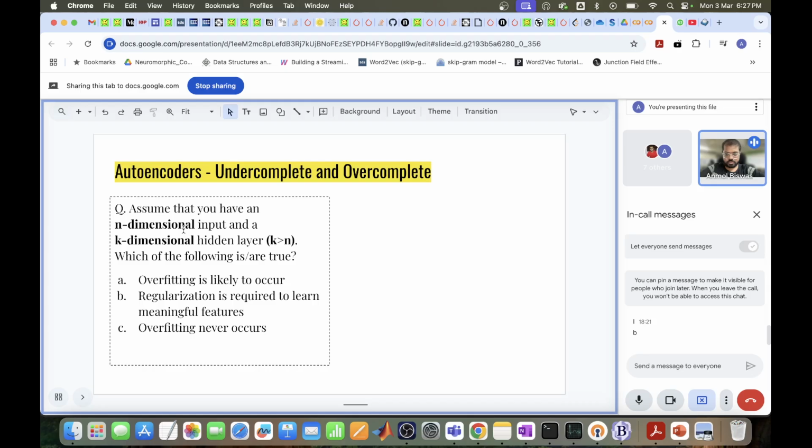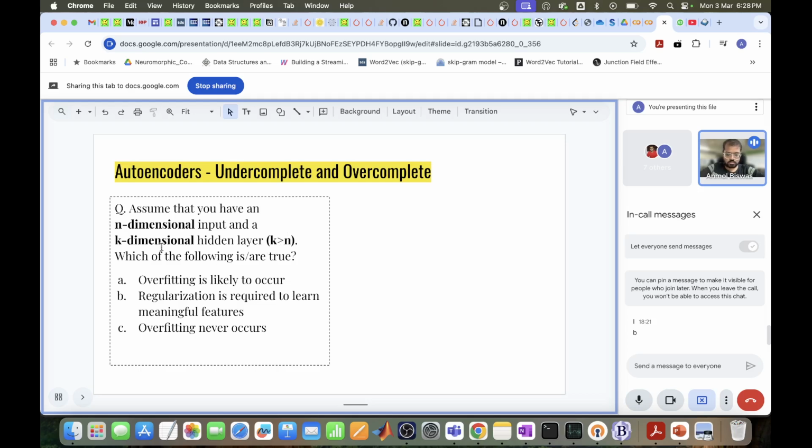Here we have an example. Assume that you have an n-dimensional input and a k-dimensional hidden layer where k is greater than n. Which of the following is true? So we have certain properties of an autoencoder setup like this, which is in fact what is called an overcomplete autoencoder, right? Where k is greater than n.